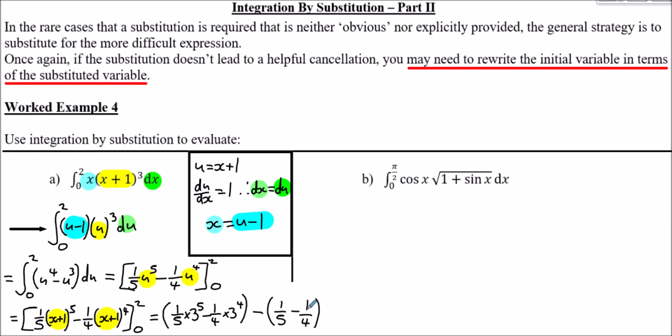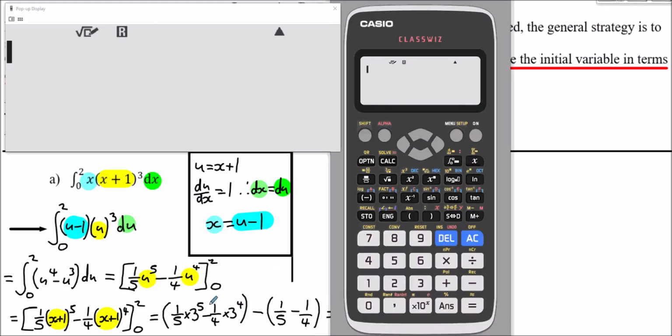So you can do this in one fell swoop on your calculator if you're confident. Let's just check it. Let's see if it works. So what we're going to have here, just inputting what we need.